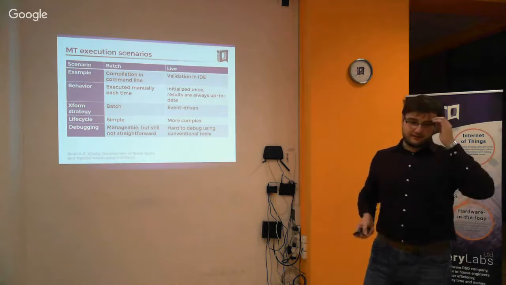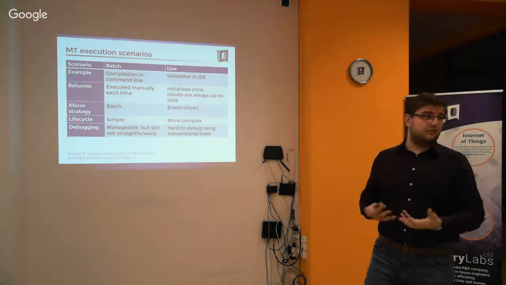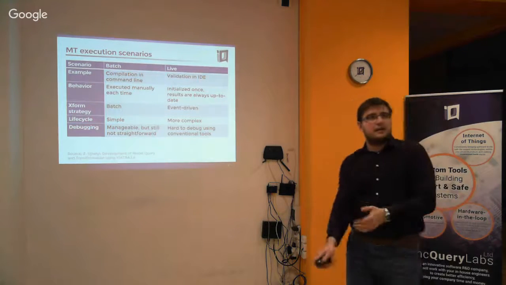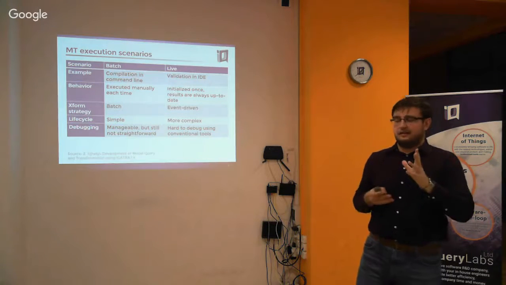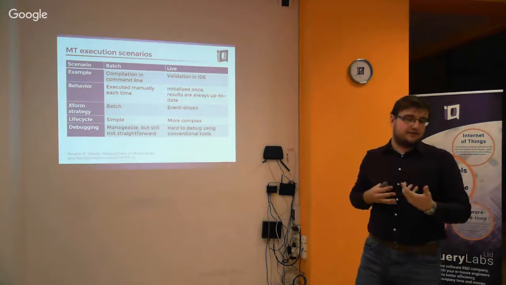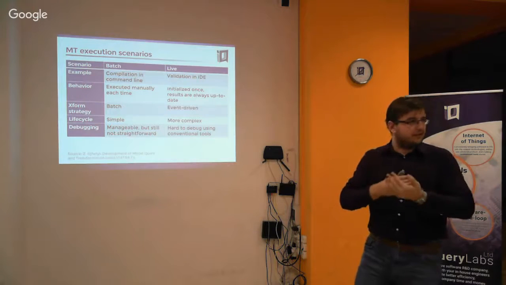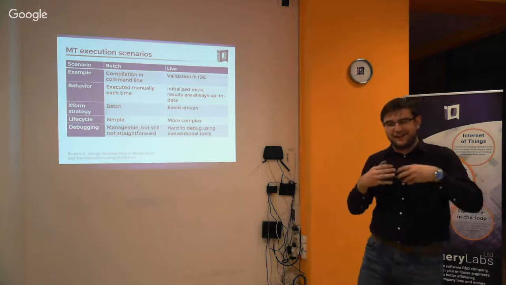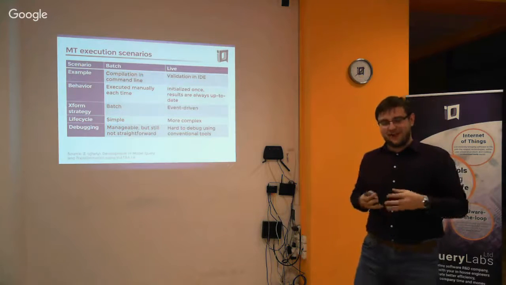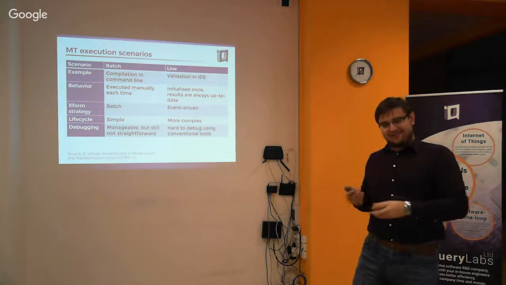Typically, batch executions are explicitly controlled model transformations, meaning that the user defines that certain activations are executed at certain points in the software. So basically, we define explicitly when certain activations are executed.